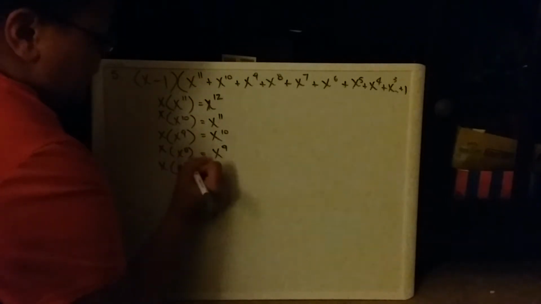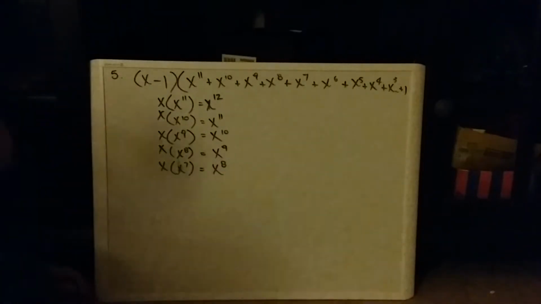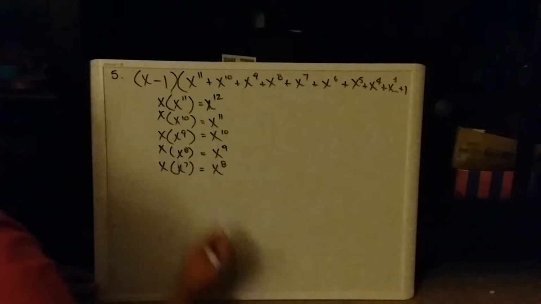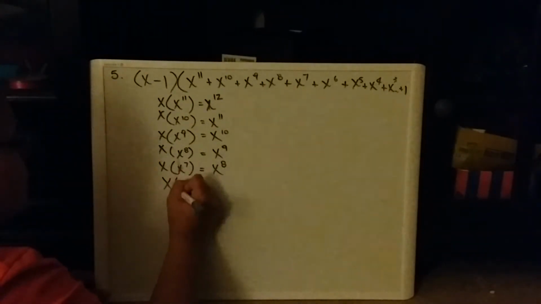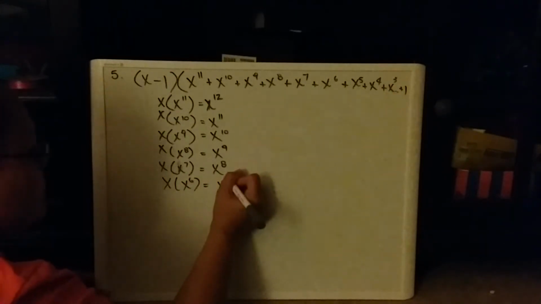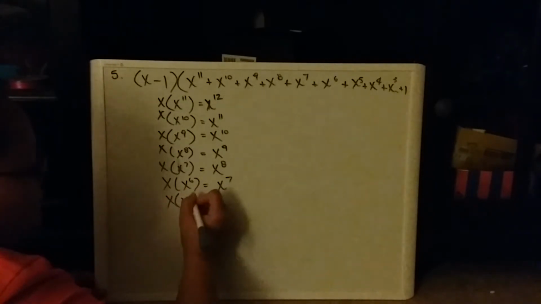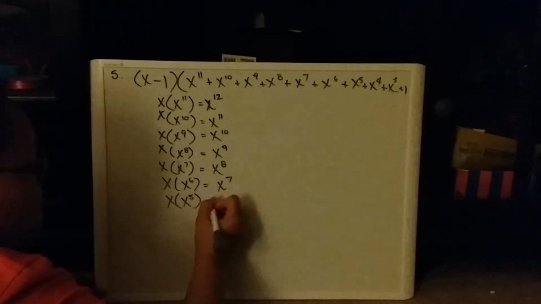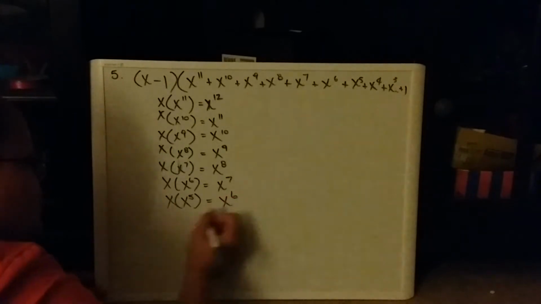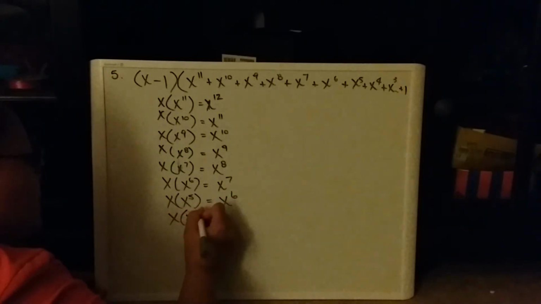x times x to the 7th, x to the 8th. x times x to the 6th, x to the 7th, and so on and so forth.